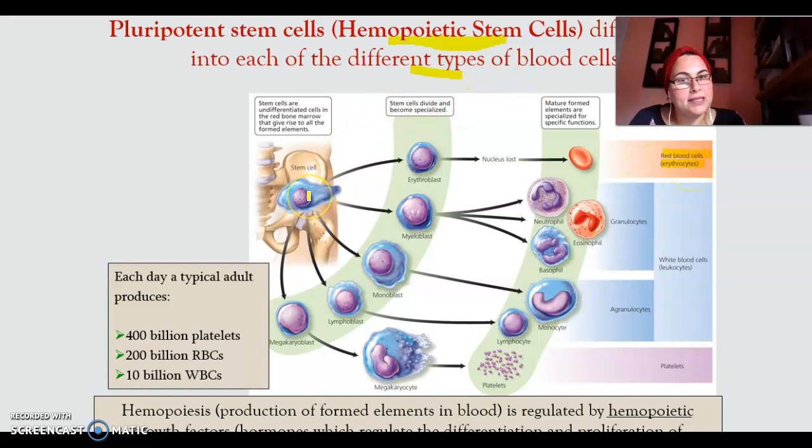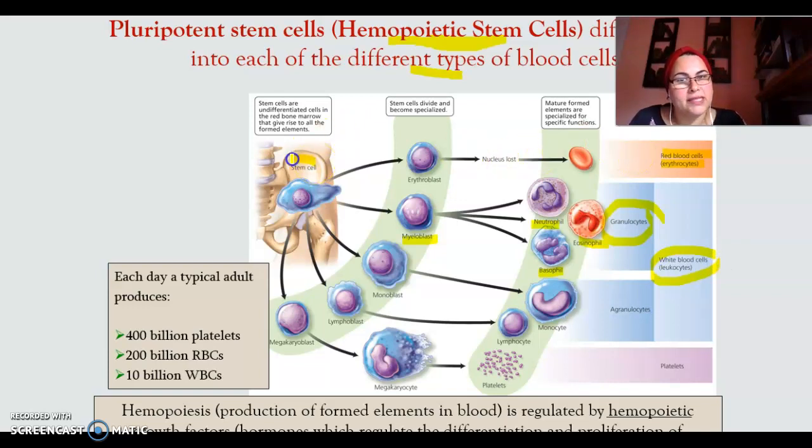From the stem cell, we'll also have myeloblast, which will differentiate to form neutrophils, eosinophils, and basophils. The three of them are called granulocytes, and they are a type of white blood cells or leukocytes. Leuko is white and cyte means cells, white cells.